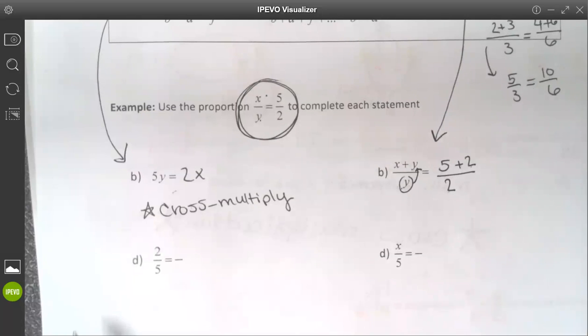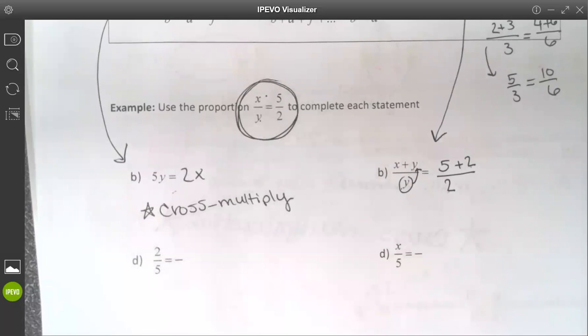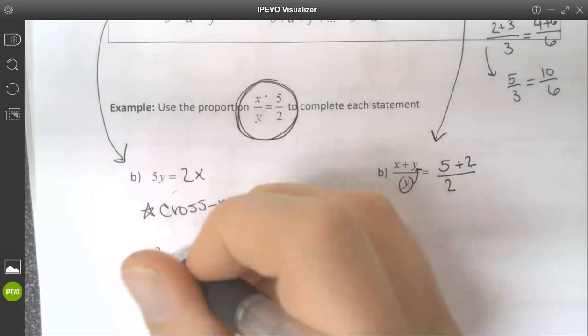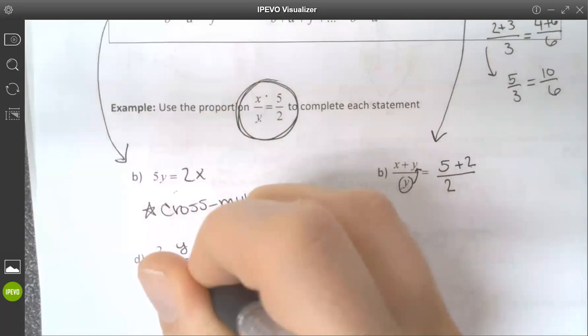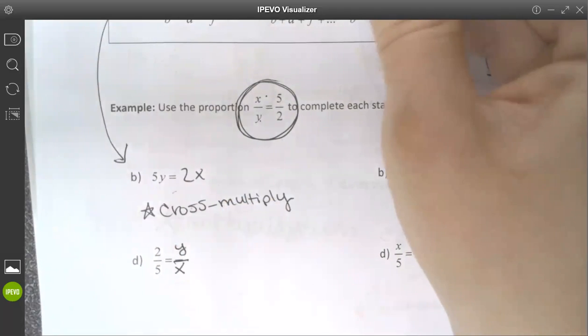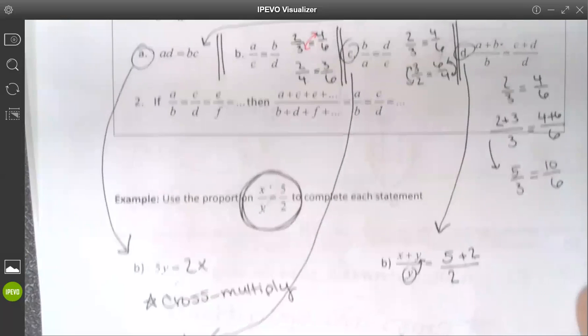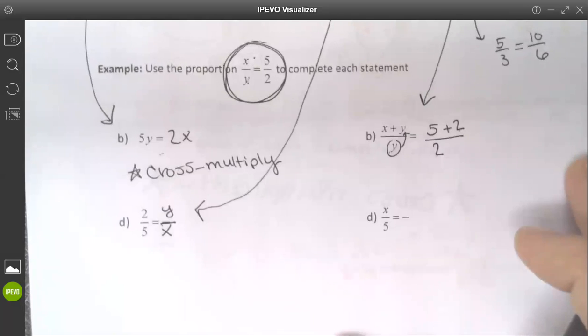What's happening here? Now it says 2/5. We don't have 2/5 here, we have 5/2. It flipped it. What would 2/5 be equal to? I'd have to flip the other side, y over x. Exactly. And that one is which case? That's C. Let's put arrows to each example. Then it says x over 5.